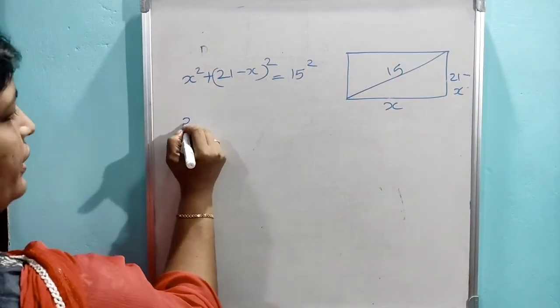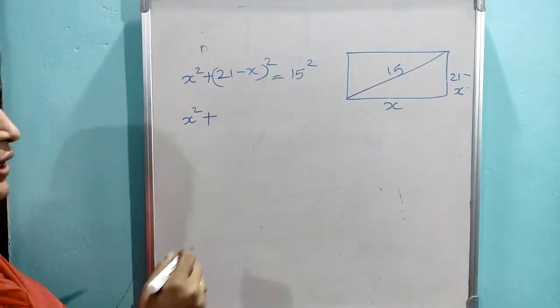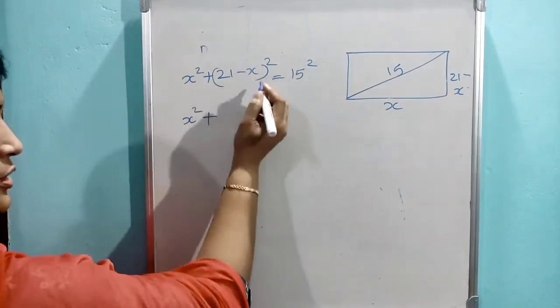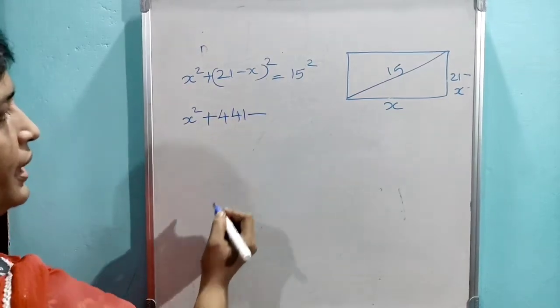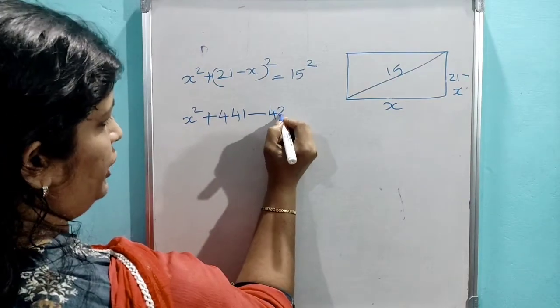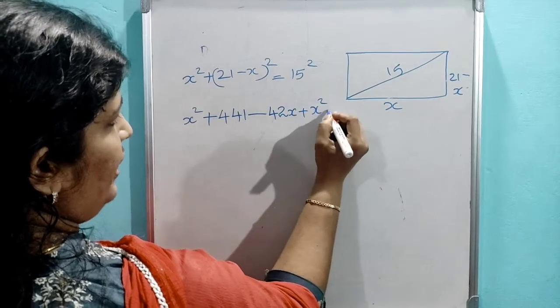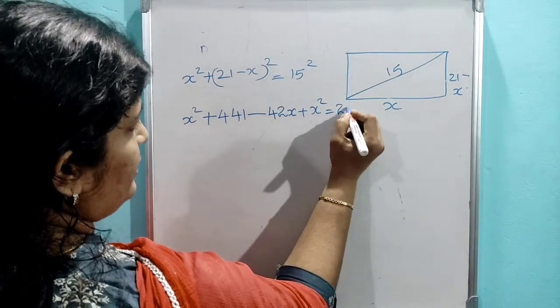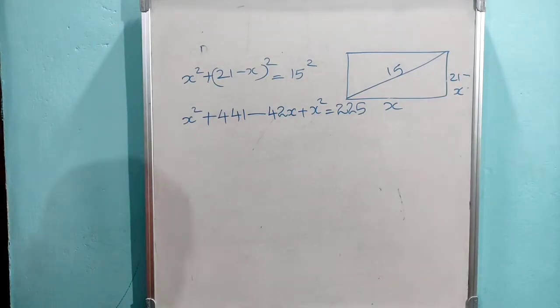So we have x square plus (21 minus x) the whole square. Using (a minus b) whole square, we can expand this: 21 square is 441, minus 2 into 21, that is 42x, plus x square. And 15 square is 225.